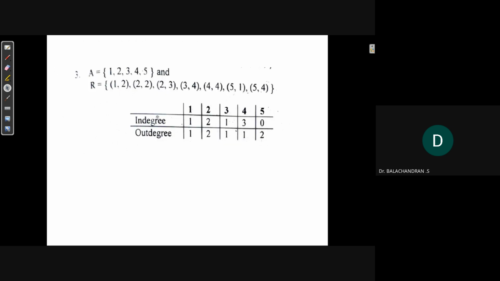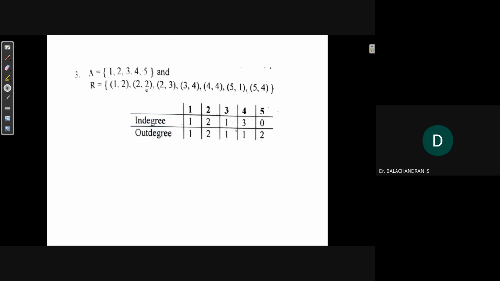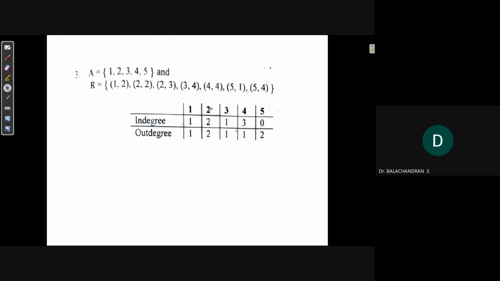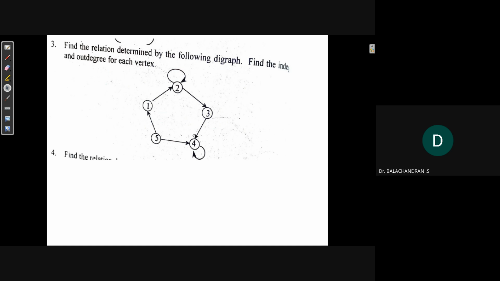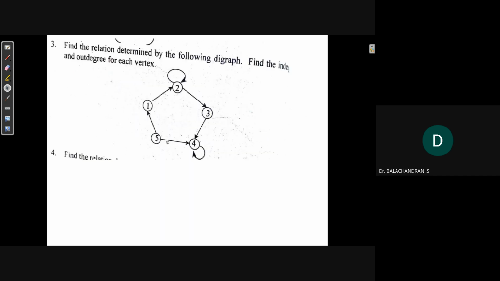The relation is 1 comma 1, 1 to 2, next 2 to 2, 2 to 3, 3 to 4, and then 4 to 4, 5 to 4, and then one more, 5 to 1.